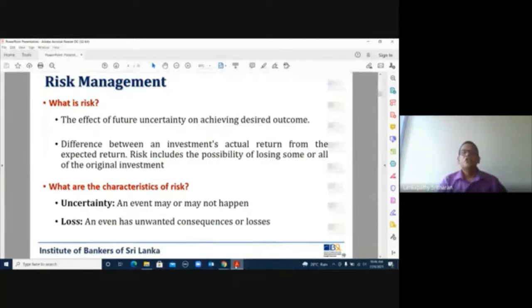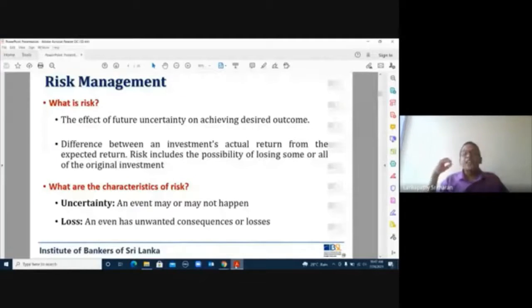Those two are considered a risk in that investment. So in the second bullet point, I'm saying that the difference between an investment's actual return and the expected return is called risk.